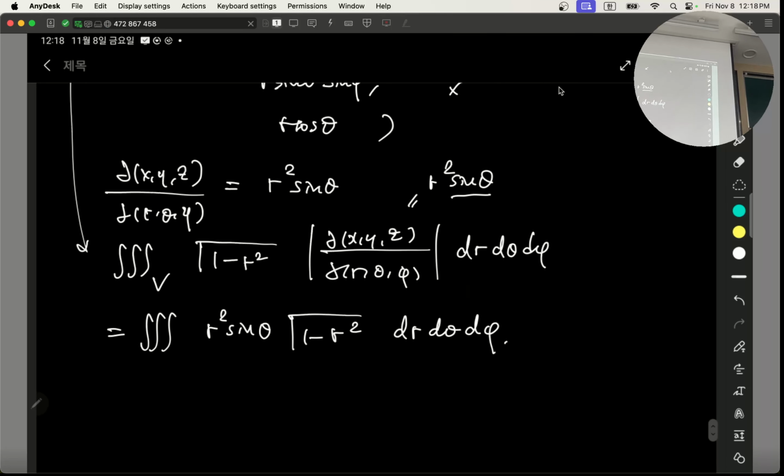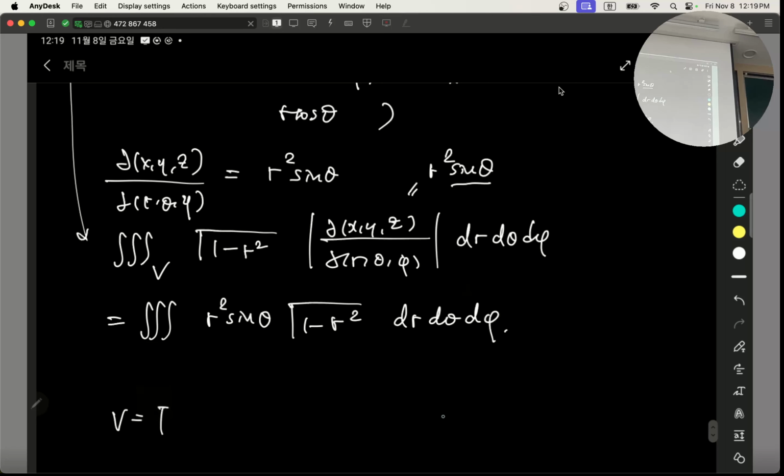Okay, so what is V? If we want to make up all the inside of the sphere of radius 1, my V should be the range of r, theta, phi that goes inside of the unit sphere. So r must be from 0 to 1.